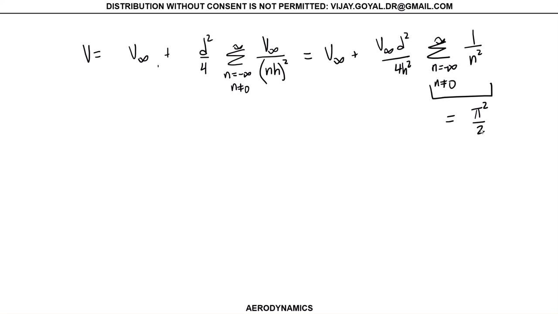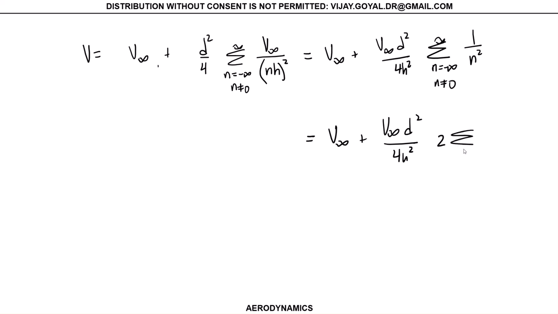Using symmetry, because this is symmetric at the top and at the bottom, this is the same thing as 2 times the summation of n equal to 1 to infinity of 1 over n squared.